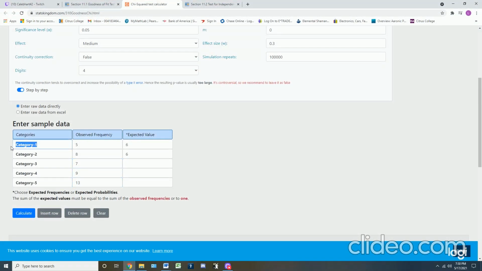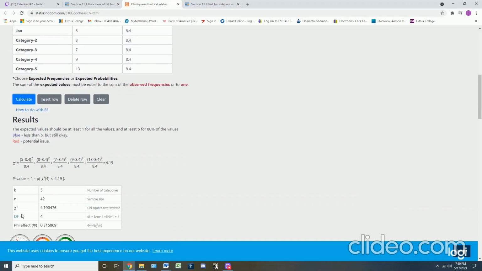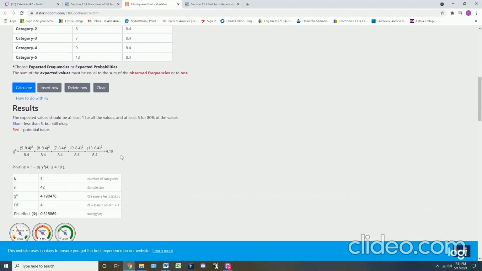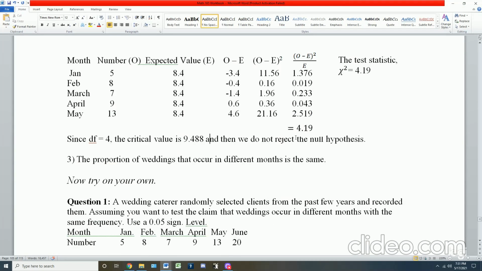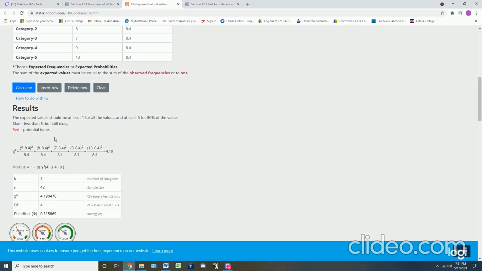You can say this is January, but it's not required if you don't want to. And then the expected value, they're all the same going down the line. And now you're just going to calculate, and your chi-squared value is right here, 4.19. And notice that's what you get if you just do it manually. And there we go. Right. So that's how we're going to find our test stat, and you can do this for the homework as well.